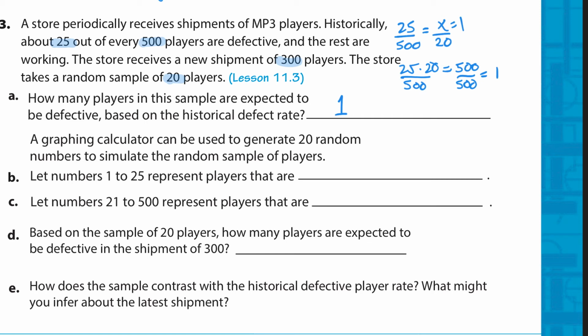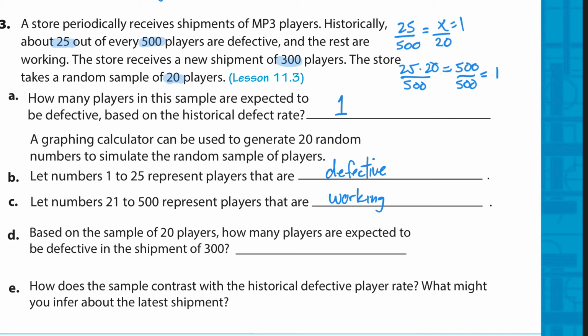Okay, so here they're saying that a graphing calculator can be used to generate 20 random numbers to simulate the problem. So let the numbers 1 through 25 represent players that are defective, and 21 to 500 would be working. Okay.